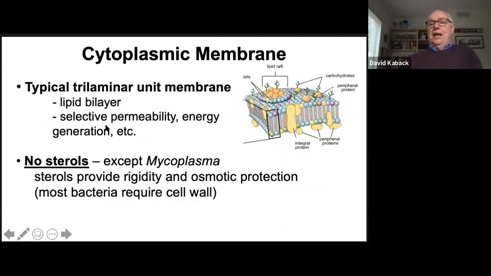Okay, bacteria, like all other living organisms, contain a typical plasma membrane with a lipid bilayer shown here. Here we have our lipid bilayer with aqueous phases shown here, and shown here. And there are plenty of proteins that are involved in transport of solutes and other functions shown here on either side of it.